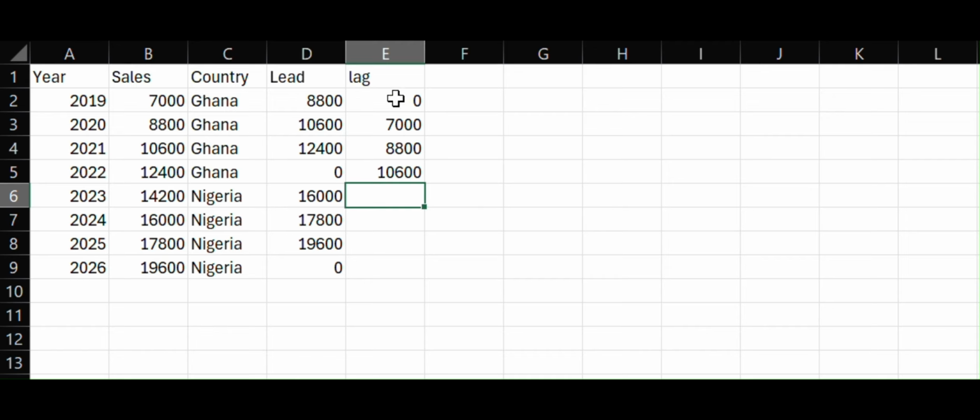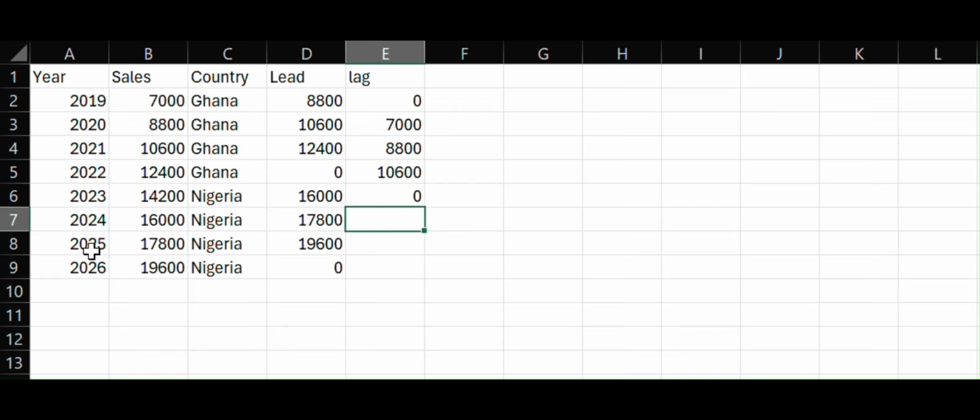So the 0 is here because we don't have any preceding value for 2023. Sorry, we don't have any previous value for 2023 specifically for Nigeria.